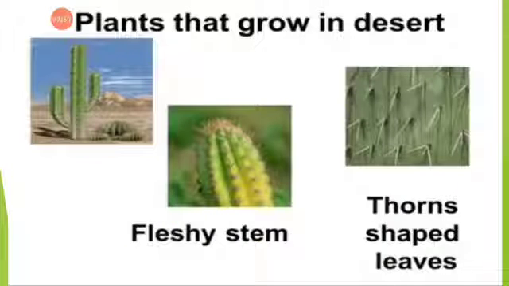Next we discuss the plants that grow in the desert. The desert climate is hot and dry, so only a few plants are found there. How do plants survive there, children? There is hardly any rainfall in the desert.